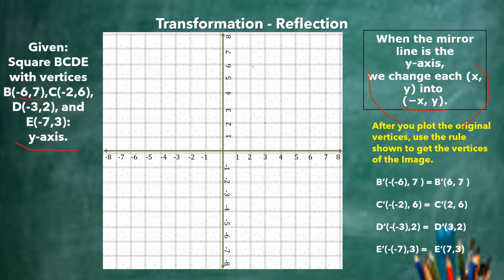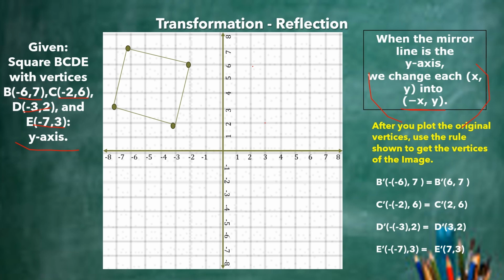These are the four coordinate sets that will form our square: (-6, 7), (-2, 6), (-3, 2), and (-7, 3). And then we just draw a line to connect all of those coordinates.